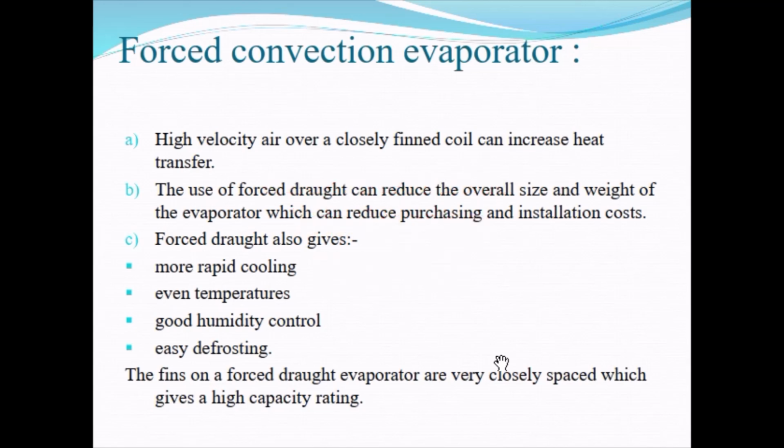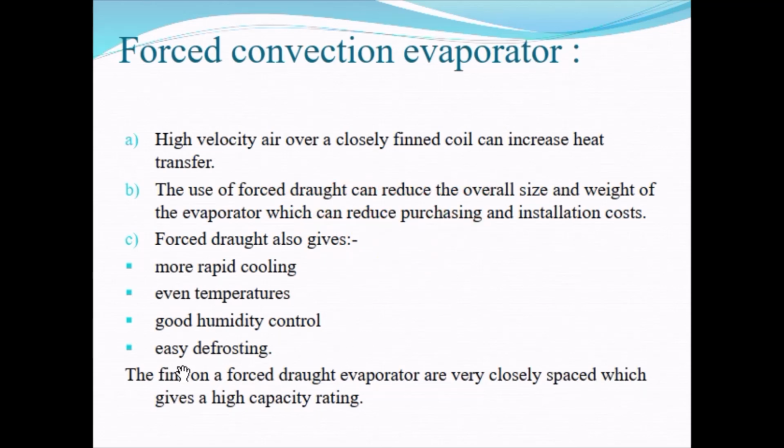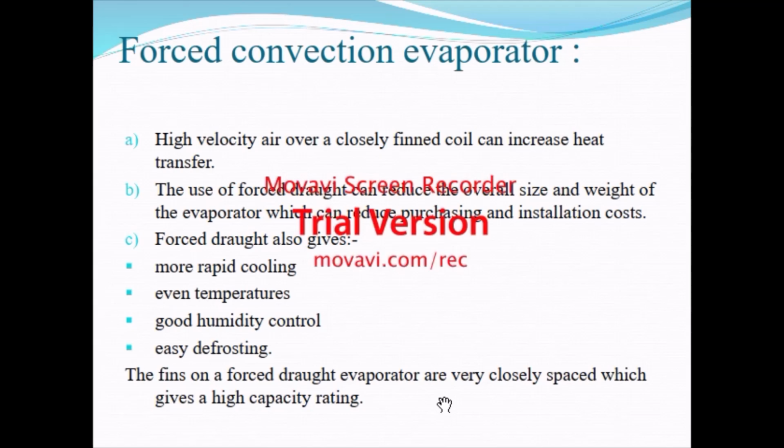The use of forced draft can reduce the overall size and weight of the evaporator, which can reduce purchasing and installation costs. Forced draft also gives more rapid cooling, even temperature, good humidity control, and easy defrosting. The fins on the forced draft evaporator are very closely spaced, which gives a high capacity rating.